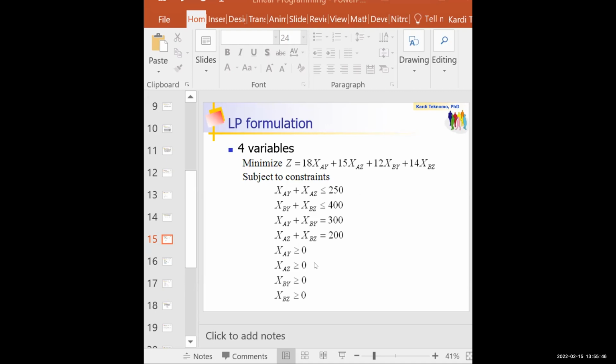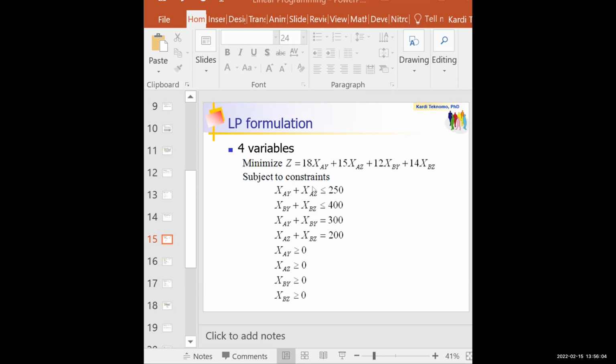Something like this. Once you can create this, then you can use Excel or you can use Minizinc, for example.